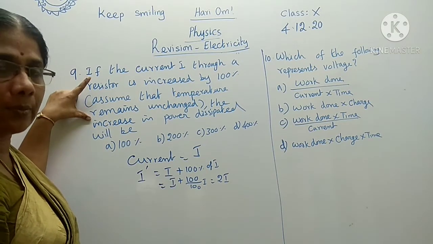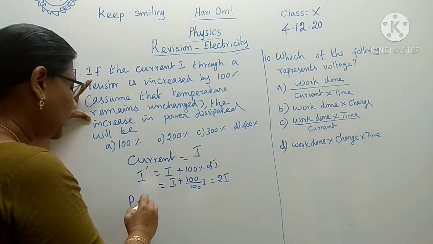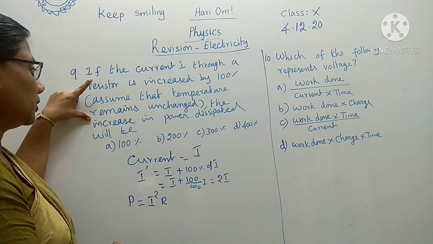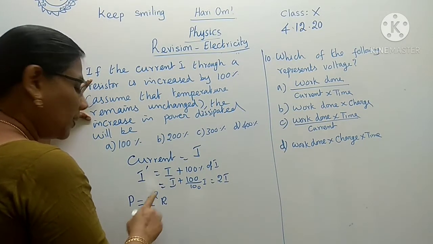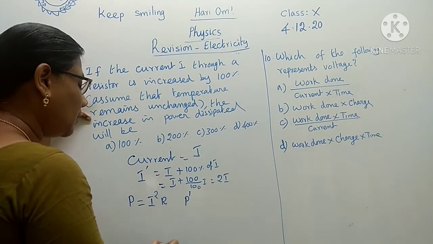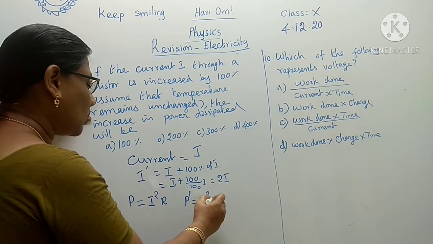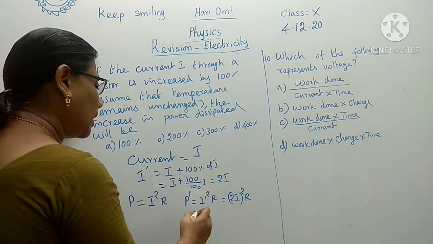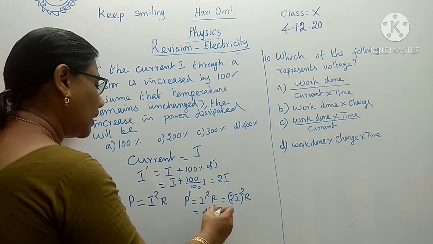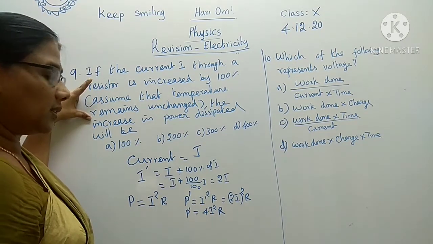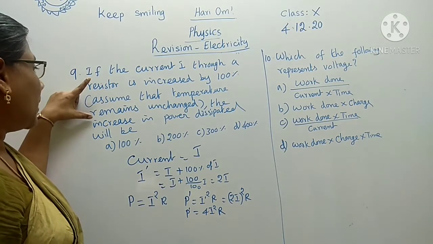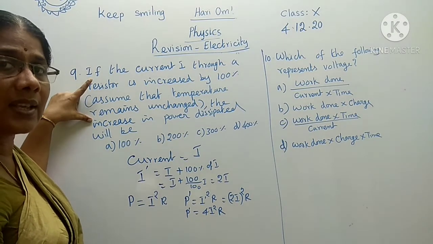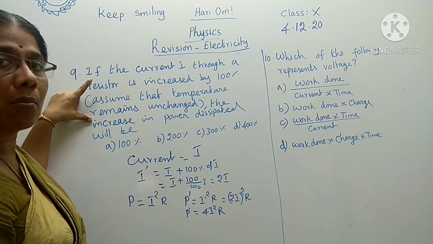So what is the power dissipation? What is the formula we have studied? Power dissipation P is equal to I square R. So initial power is I square R. Then final power is I dash square into R, so we get 2I the whole square into R, or 4I square R. So new power P dash is equal to 4I square R. But what we have to find is the increase in power dissipation, which means final power minus initial power.